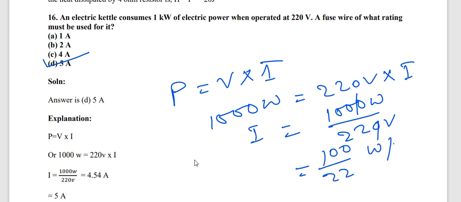We get what? 4.54 ampere, and ampere equal to W by V. That is approximately 4.5, that means 0.5. You recall the estimation.